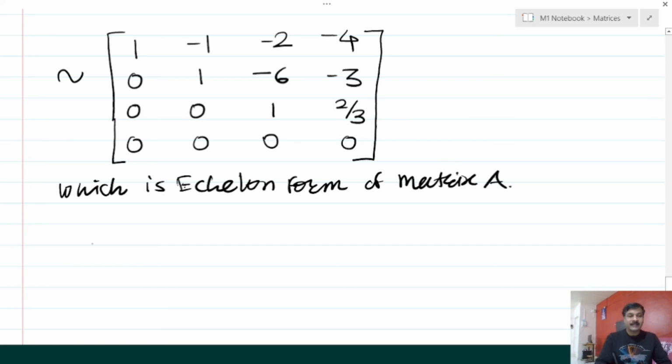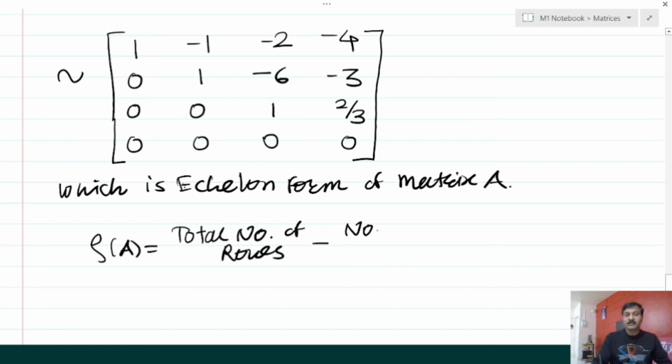So what is the rank? So rank of A equal to total number of rows minus number of rows containing all zeros.